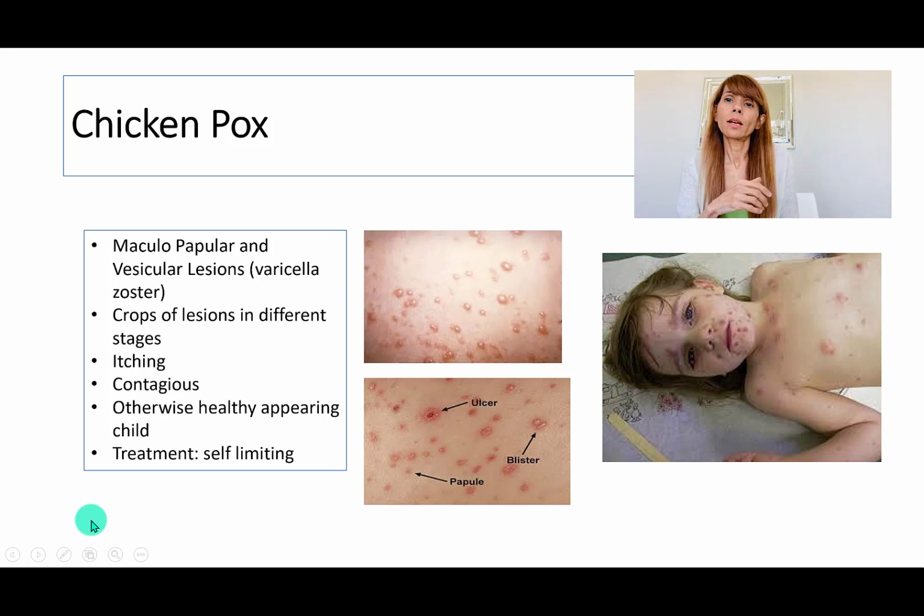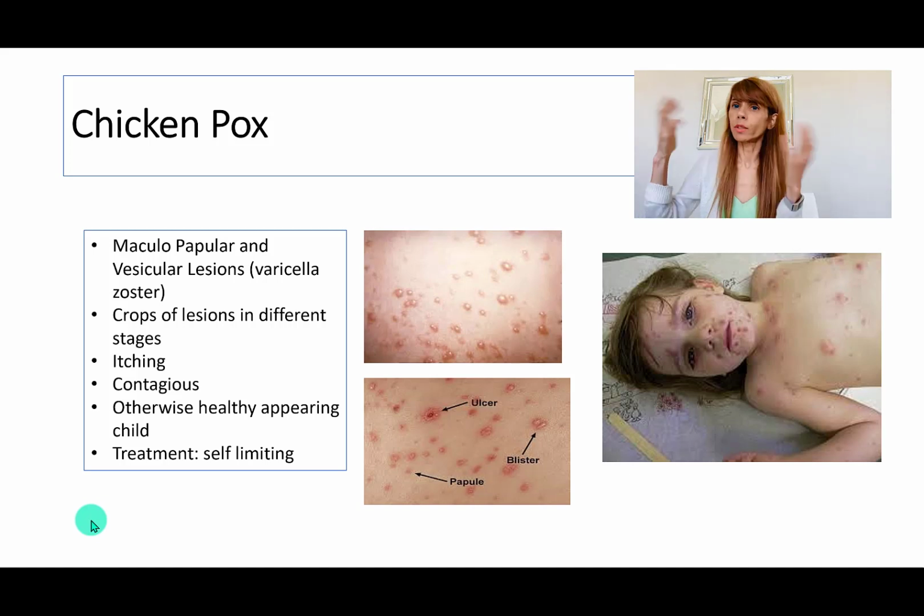Chickenpox is basically a varicella zoster infection, and it is a maculopapular vesicular rash where patients have groups of vesicles and papules and macules in different parts of the body showing up in crops. So they are going to be in different stages, and they will evolve from one stage to the next over time, and you can see different types of lesions at the same time all over the skin.